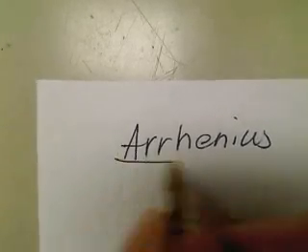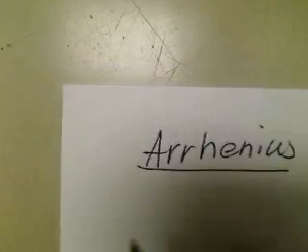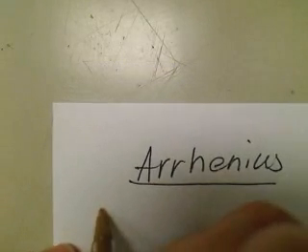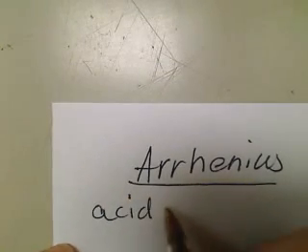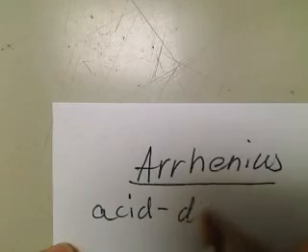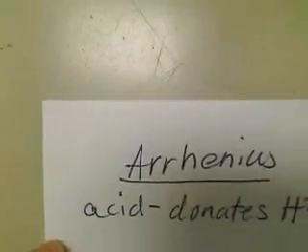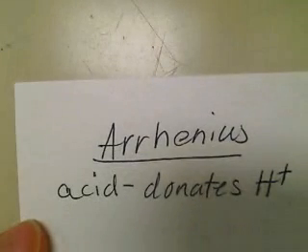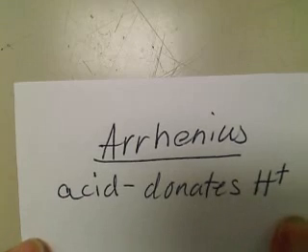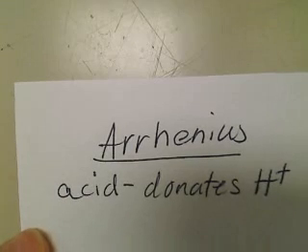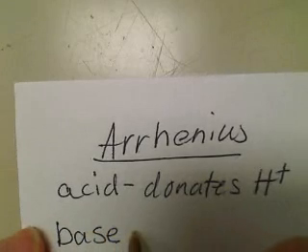So for an Arrhenius, this was a scientist, and this is what he discovered. He said that the definition for an acid is going to be anything that donates H plus, okay? So anything that donates an H plus is going to be your Arrhenius acid. So now let's talk about an Arrhenius base, okay?